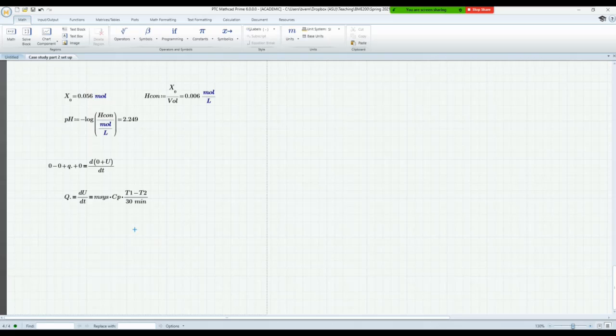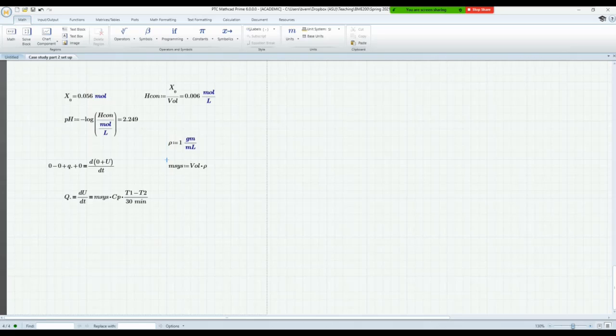Then this Q dot, the mass of the system, is the volume times the density, where we're assuming this is just fluid, so we're going to call it a density of approximately 1 gram per mL.